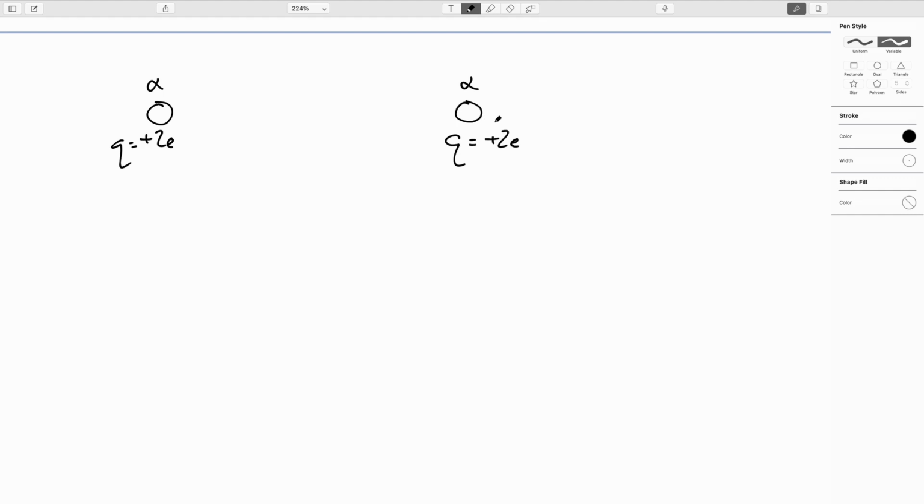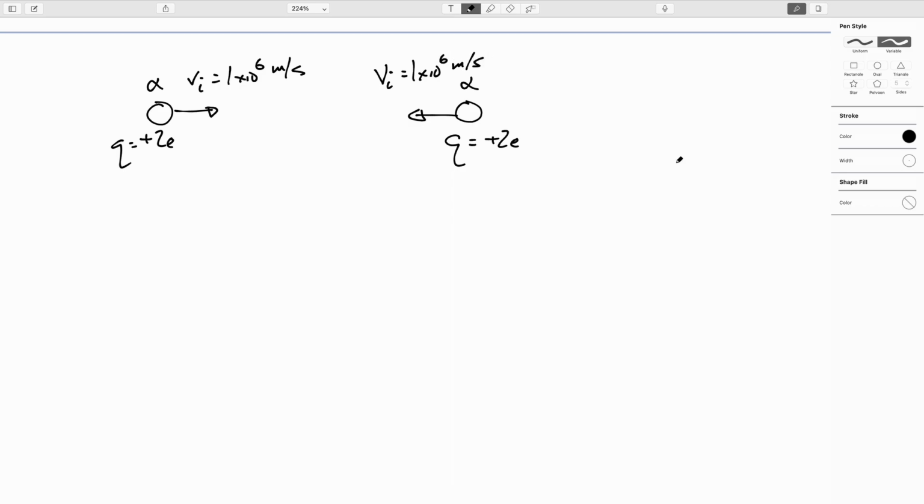And you can find these, say, in the core of the sun or something like that. Let's say they are both initially moving at 1 million meters per second. And they are on a perfect head-on trajectory.